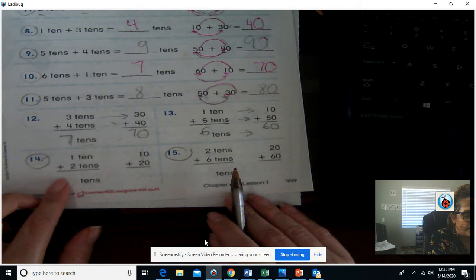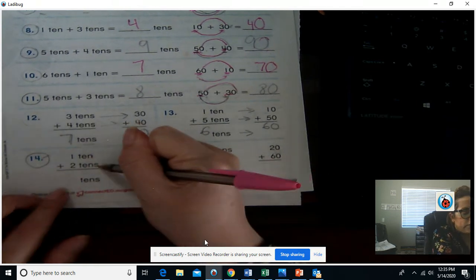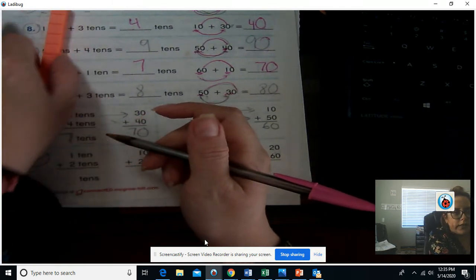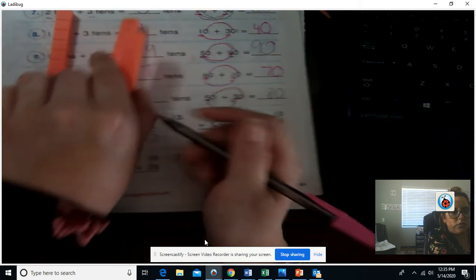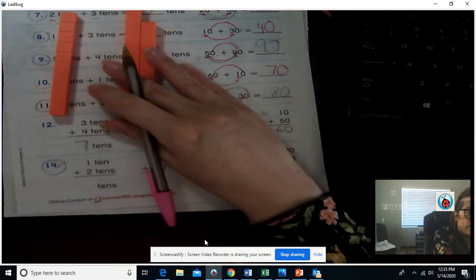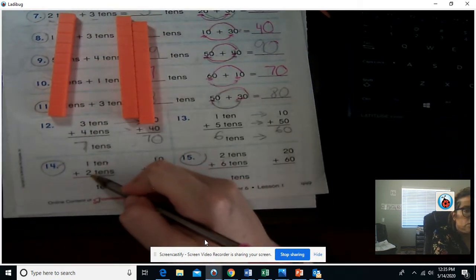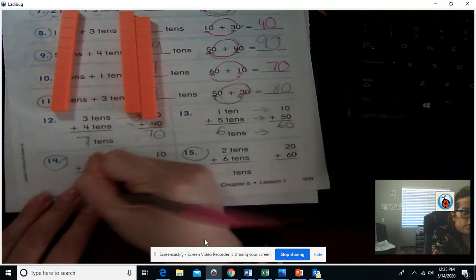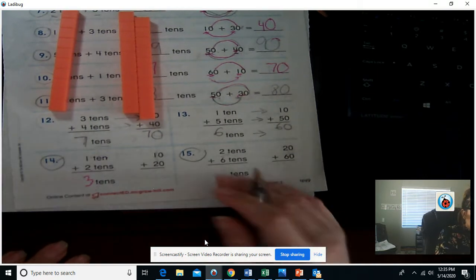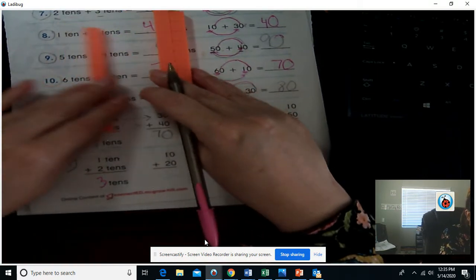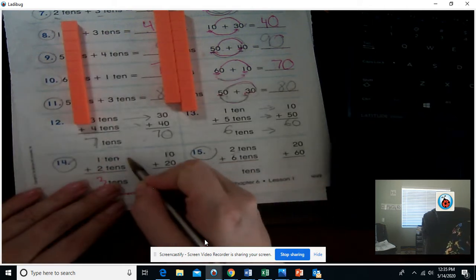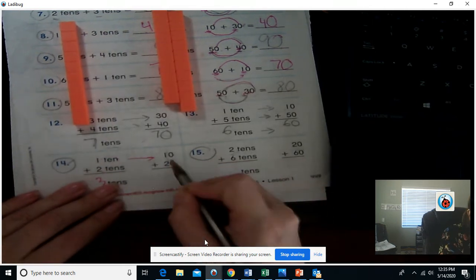So number 14 says 1 ten plus 2 tens. 1 plus 2 equals 3 tens. Now 1 ten is the same as 10.